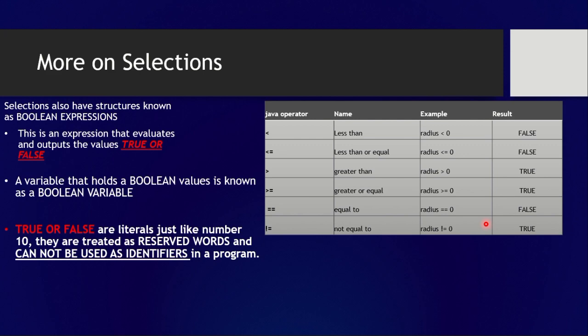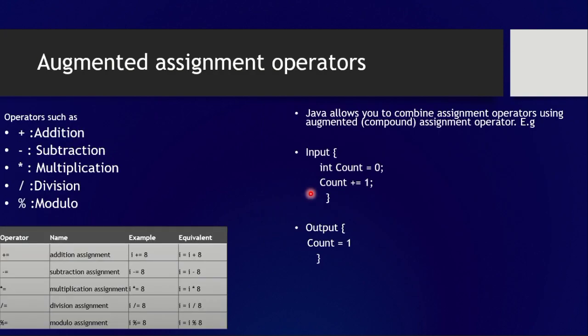So these are Boolean values you can use in conditions. You can feel free to try them out wherever. And then we have augmented assignment operators. So we have operators such as addition, subtraction, multiplication, division, and modulo. If you have done advanced mathematics, you know what a modulo is. And then Java allows you to combine assignment operators using the augmented compound assignment operator.